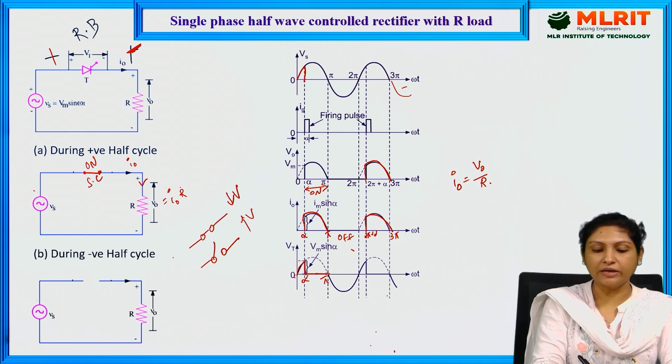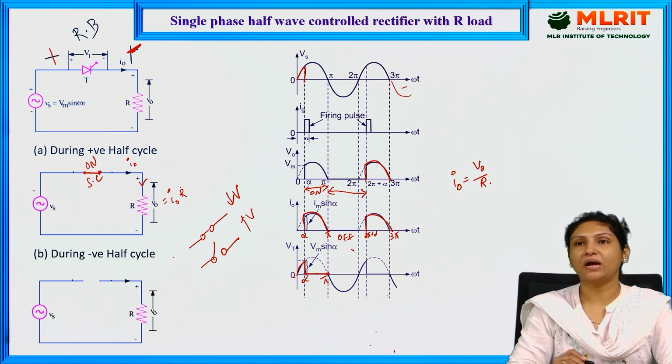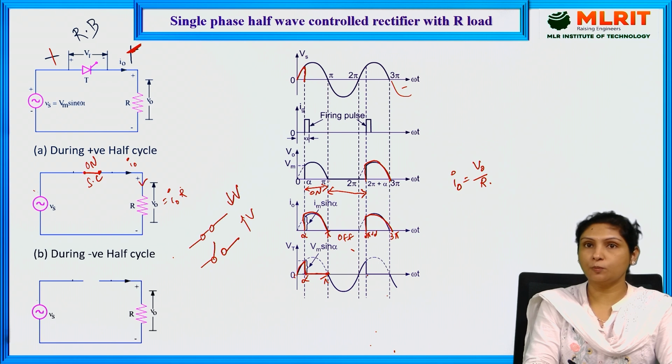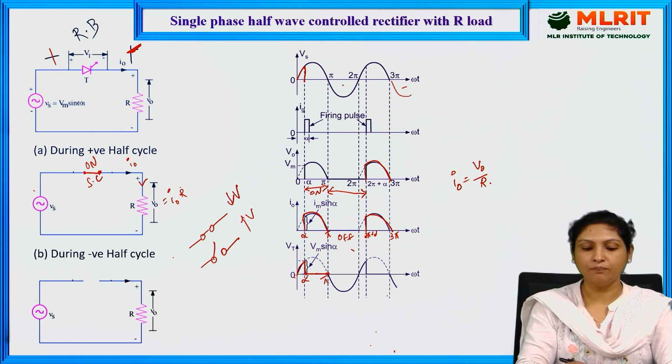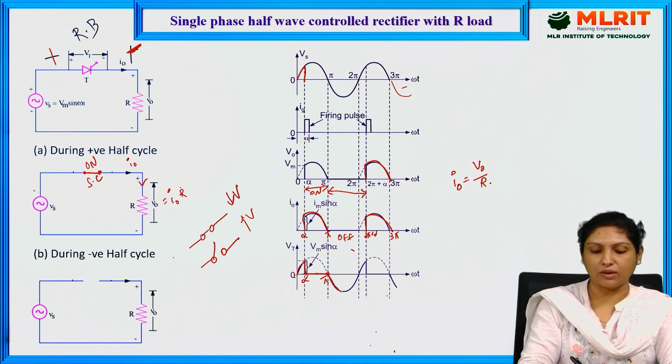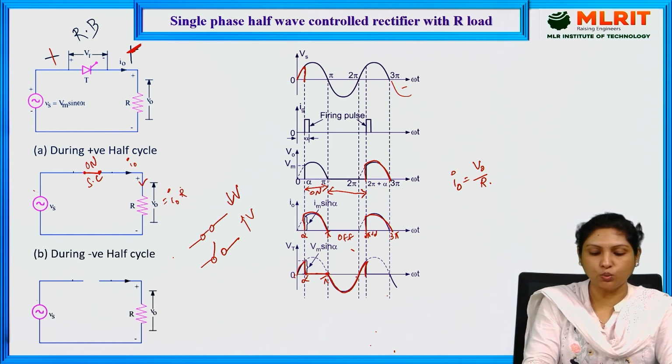The moment it reaches pi, the thyristor turns off, and from pi to 2 pi plus alpha it is under the off condition. Whatever supply voltage we are feeding is applied across the device, so this is the voltage across the device from pi to 2 pi plus alpha.